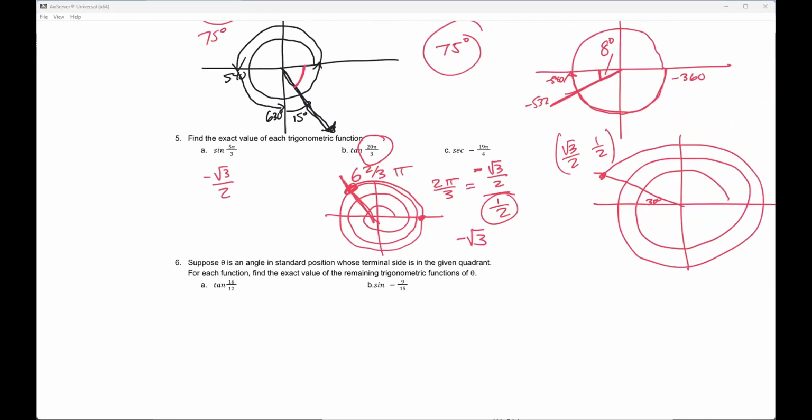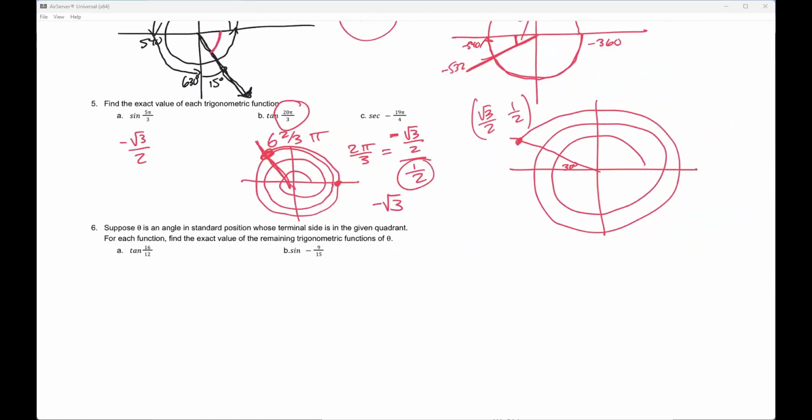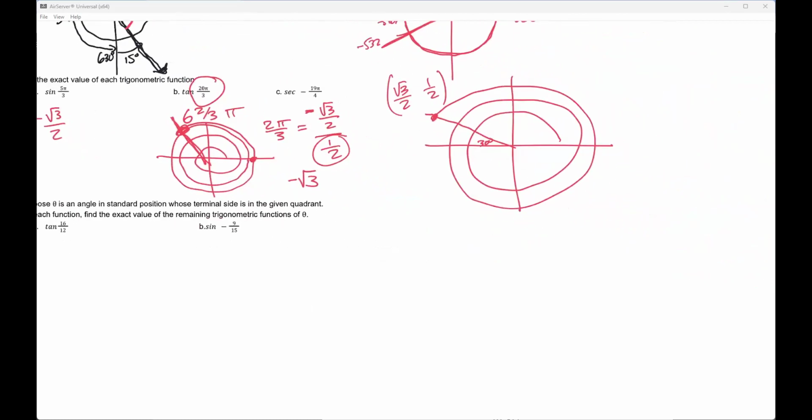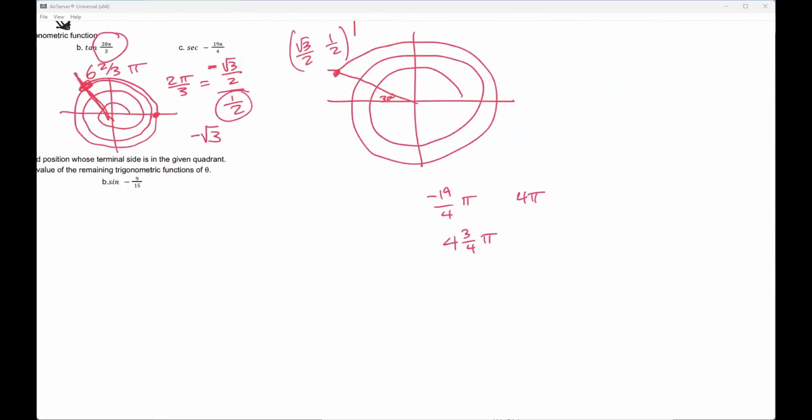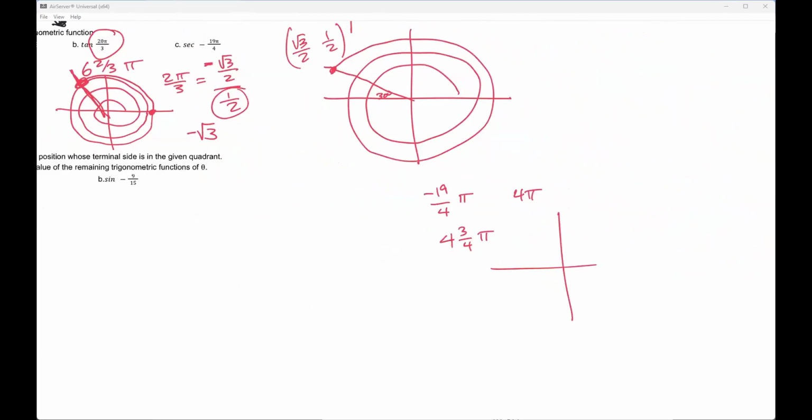Secant of negative 19/4. Put that in a mixed number. That's 4 3/4 pi. So 4 pi is 2 revolutions around the unit circle, and 3 pi over 4 is right here. This is at 135 degrees.